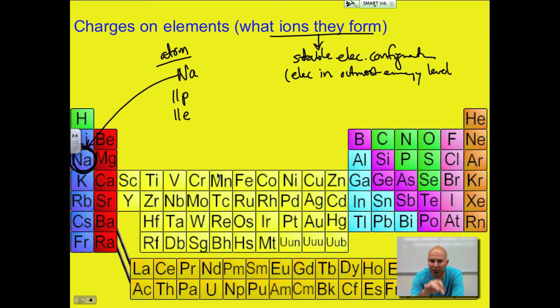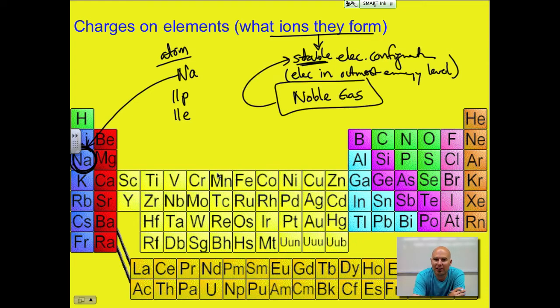So they are specifically charged so that they have a stable electron configuration. All right, so that's really important, the stability, okay? They want to form ions like a noble gas. The noble gases have these stable electron configurations.